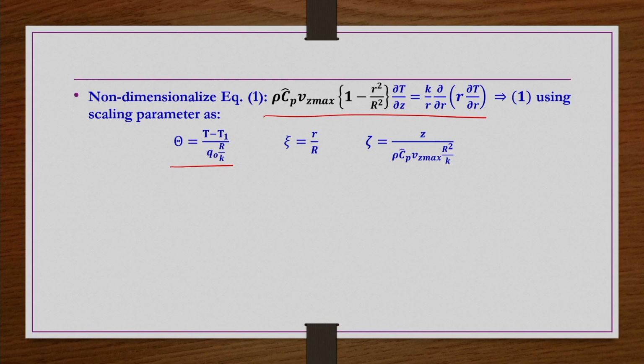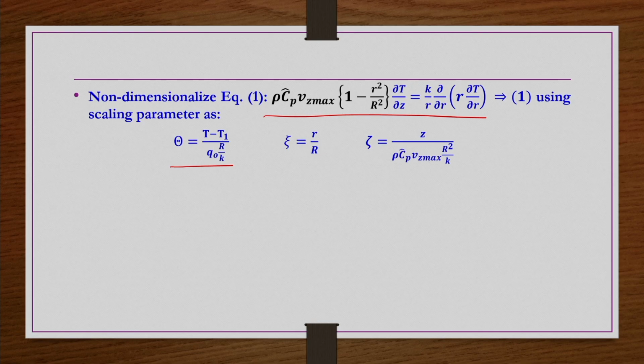Because we know only one fixed temperature, only T equals T1 at Z equals 0. We need at least two temperatures if we wanted to non-dimensionalize the temperature difference using temperature quantities. That is not possible here because we know only one temperature quantity, T1. So that is the reason we are using Q naught, the constant heat flux.